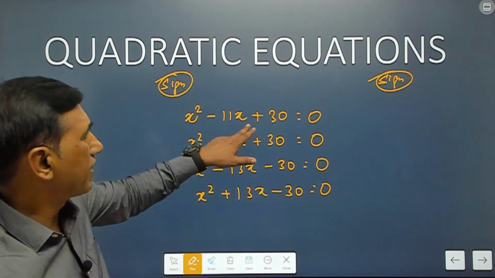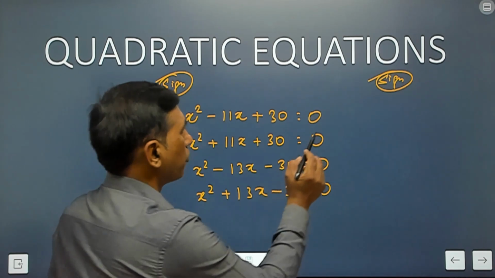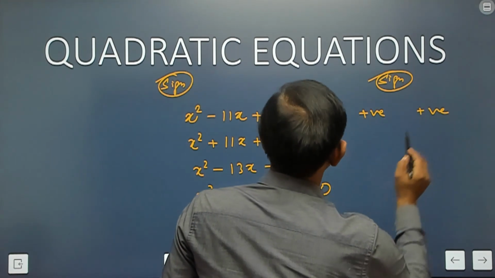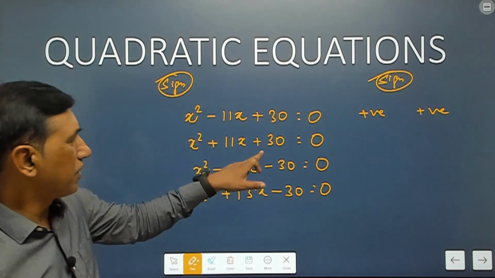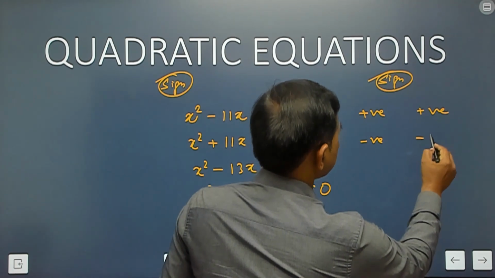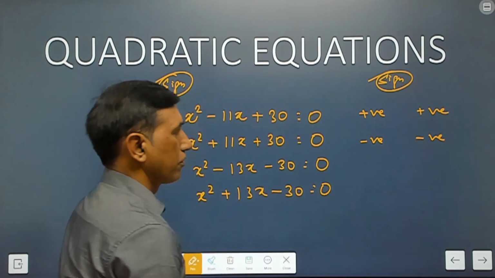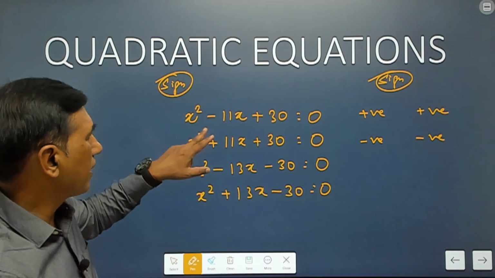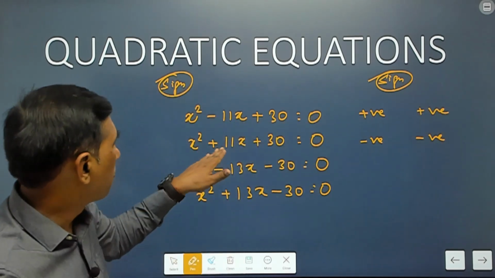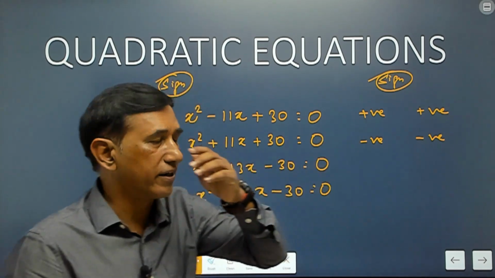When we have minus and plus, then both roots will be positive. When you have plus and plus, both roots will be negative. So these two are quite distinct: minus plus, positive positive; plus plus, negative negative.